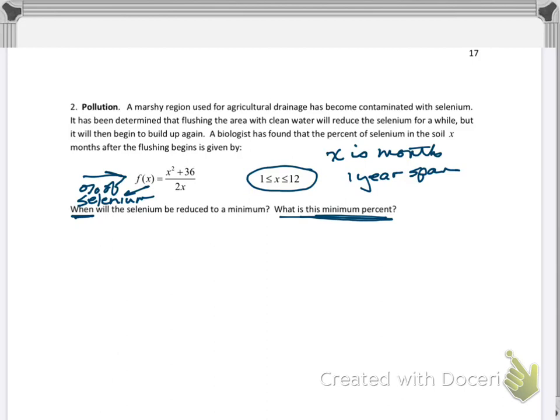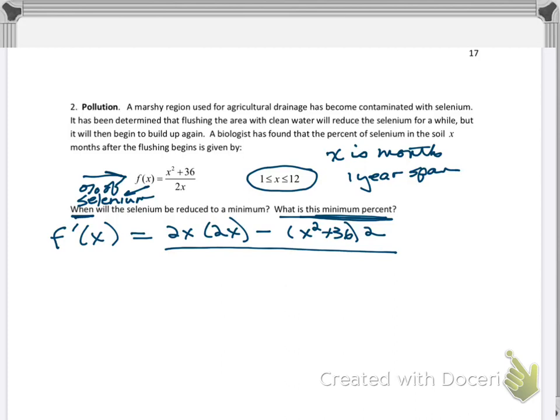So in this situation, we have to do the quotient rule. We haven't done that lately. So you're going to say low d high minus high, which is x squared plus 36, d low, which is 2, all over low squared.